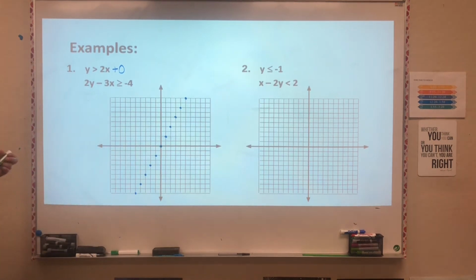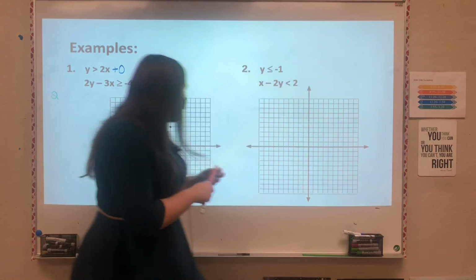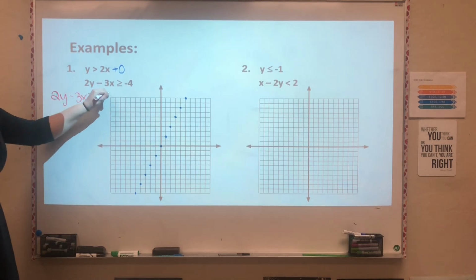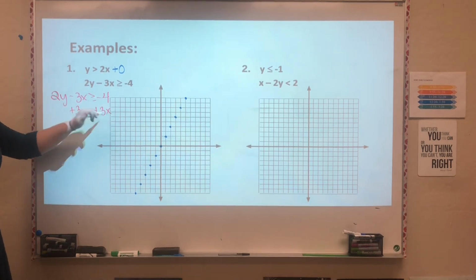Okay. Nice. Let's do it. Get the y by itself. How are we going to do that? Add 3x on both sides. Yep. What's that going to leave us with?